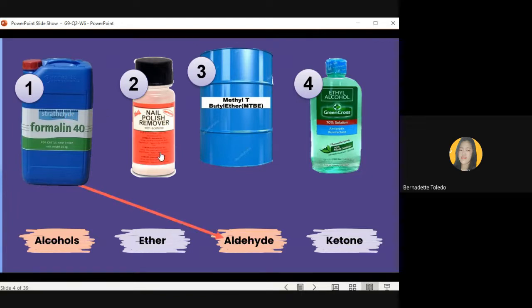Nail polish or what we call the acetone, it is an example of a ketone. While the methyl butyl ether is an example of an ether compound. And alcohol or ethyl alcohol is an example of an alcohol organic compound.